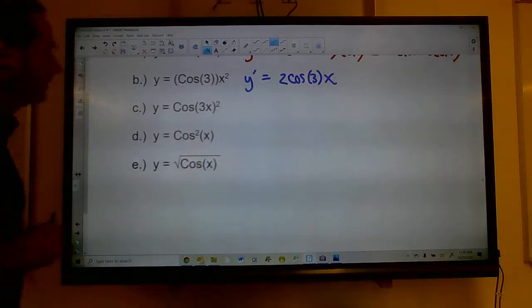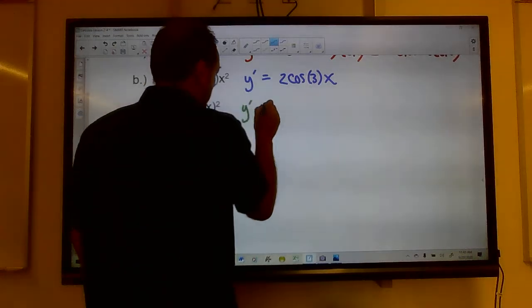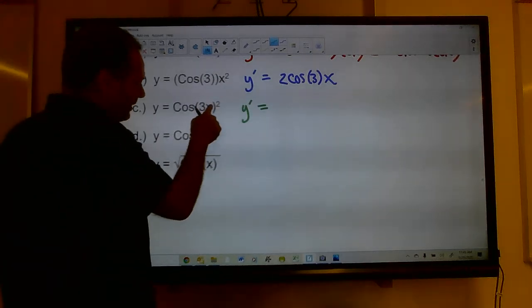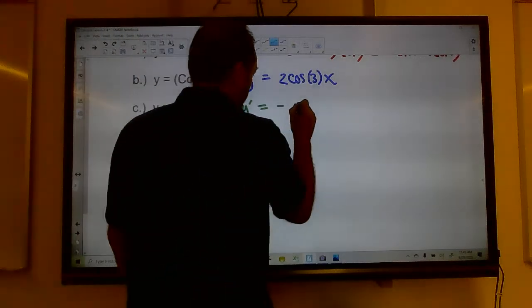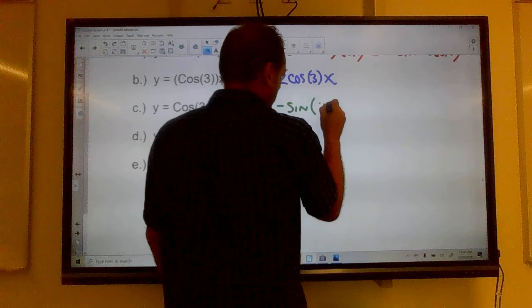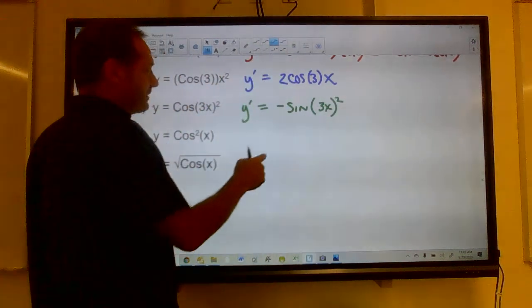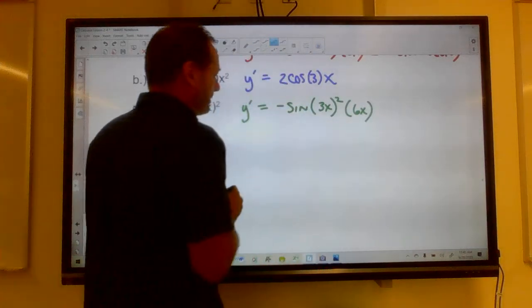This one here, cosine of 3x quantity squared. Okay, so y prime. Now, the square goes with just the 3x here. So the derivative of cosine is negative sine of 3x squared. Now I've got to take the derivative of the 3x squared. That's going to be 6x.